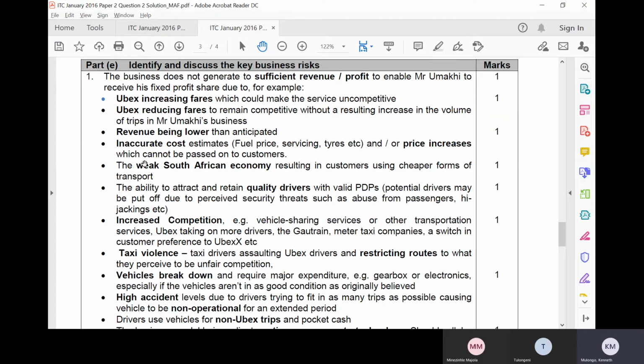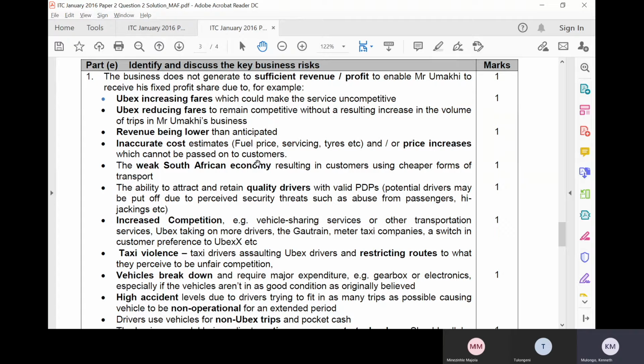Then inaccurate cost calculations, right? If we're thinking fuel, servicing, and tires are lower than what we're actually spending, this could be because the suppliers we are using are more expensive, or we just use more petrol than we budgeted for, or the prices could have increased.